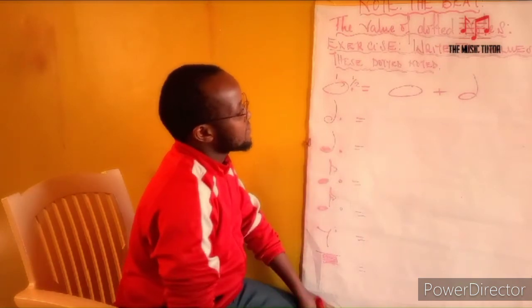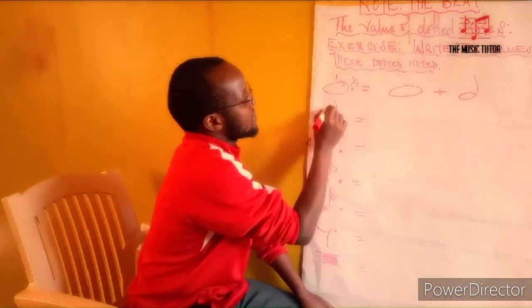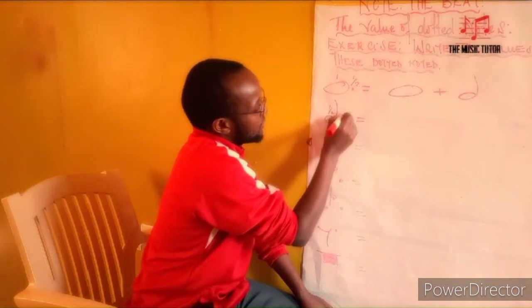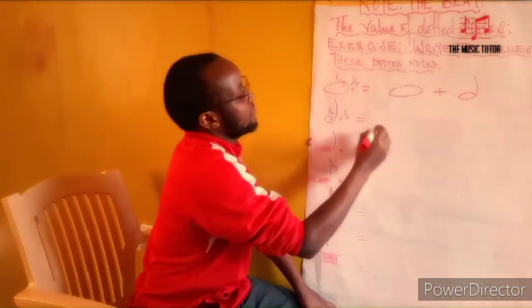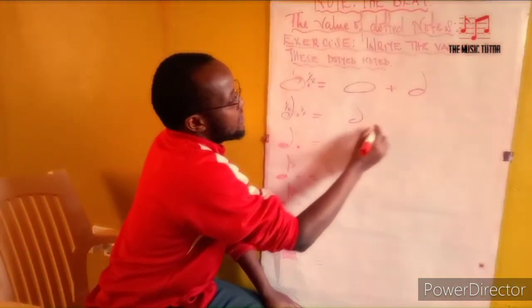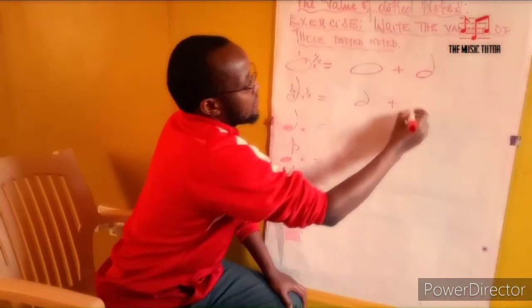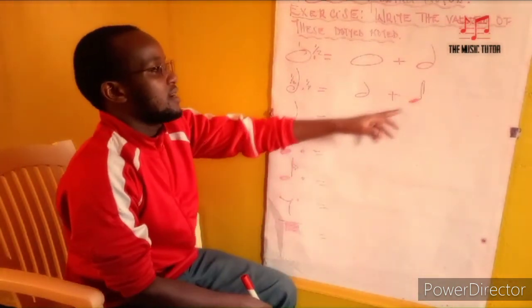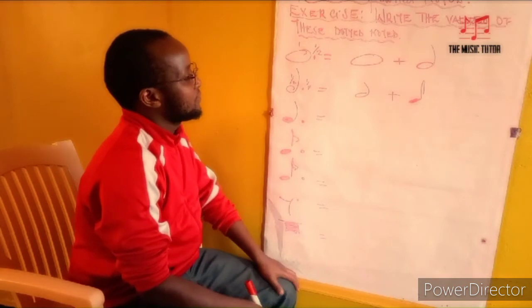We go to the next. This is half a note. Definitely half of half should be a quarter. Should be a minim plus a crochet. A minim plus a crochet. That's the full value.